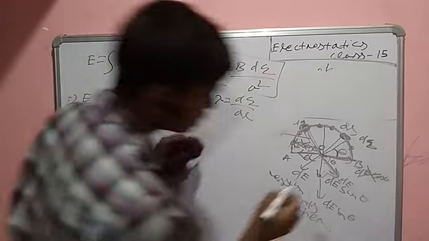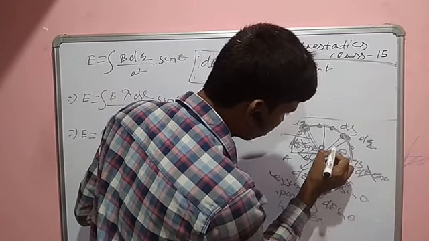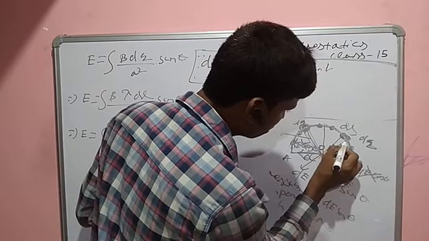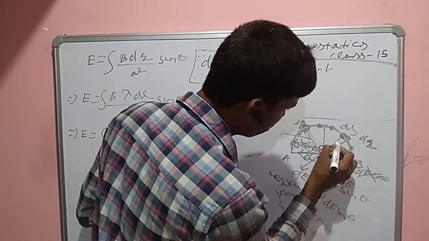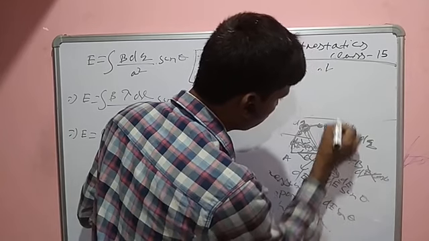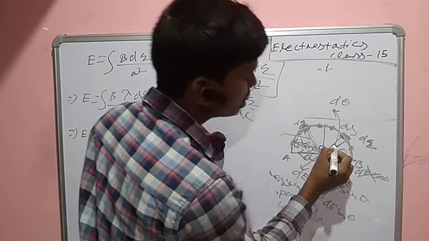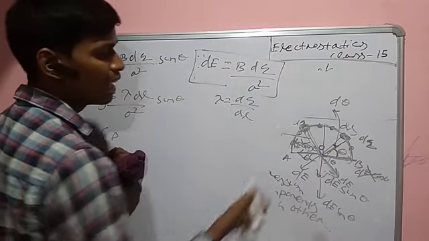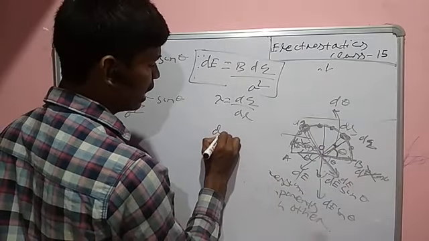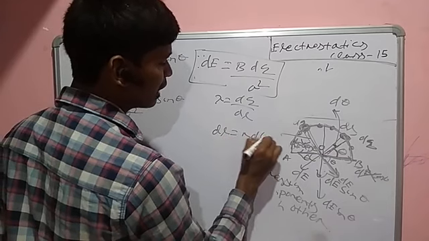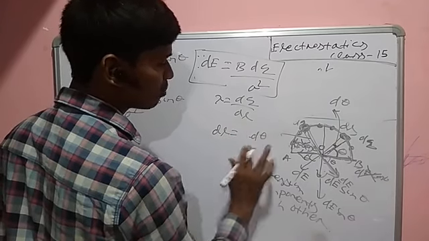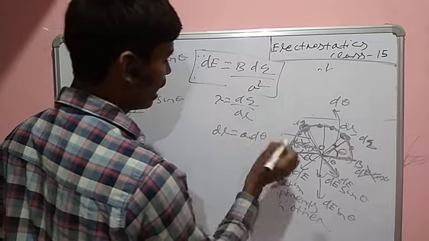dl means what? This is the d theta angle, the small angle d theta. That means dl is equal to r d theta, where r means the radius of the semicircle, a d theta.